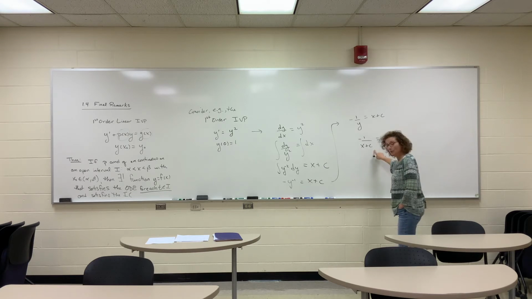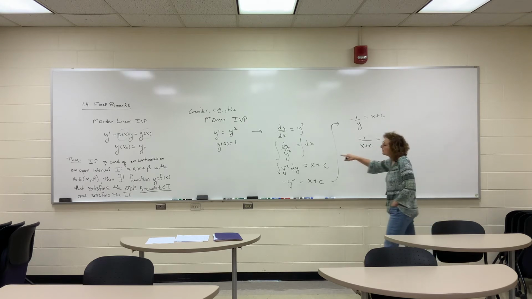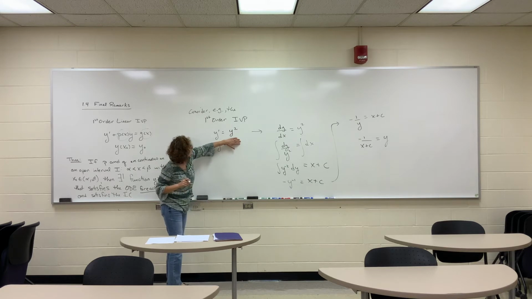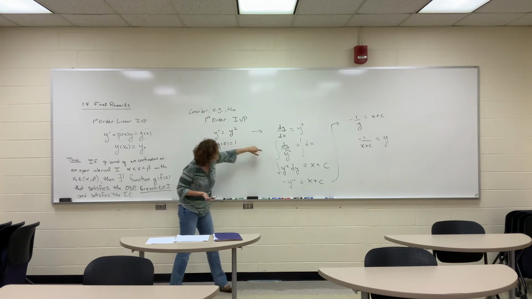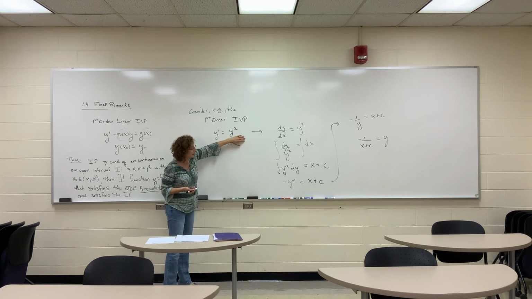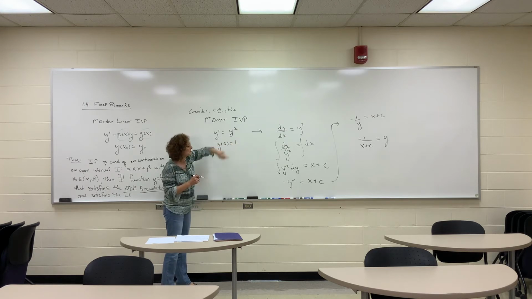Here's a solution. Right now, we won't even call this a general solution, because let's look at this ODE. Can you tell me something else that's a solution of this ODE? Does it have an equilibrium solution? Oh, yes, indeed. When we divided by y, that might have given you a hint that there was a solution we might not solve for.